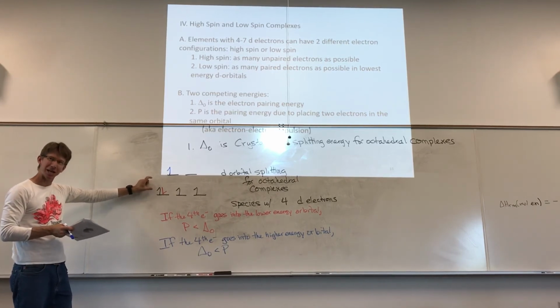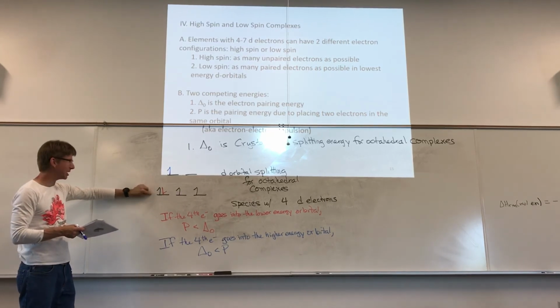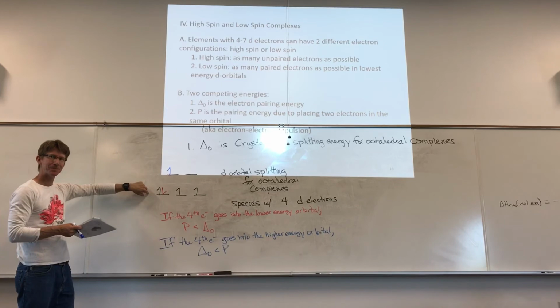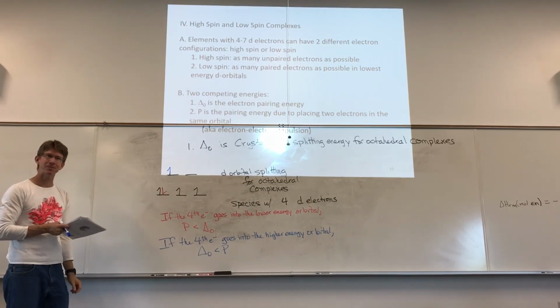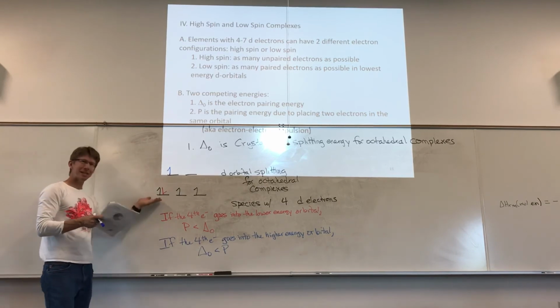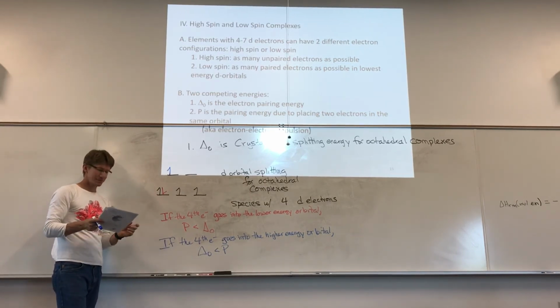If visible light, not that high in energy, can promote an electron, then they're not that far apart, and so that's part of the reason. Any other questions about what we've got up there now? Okay.